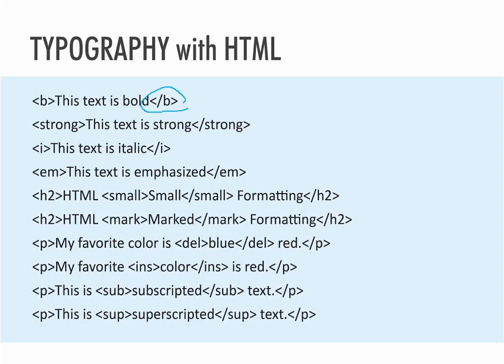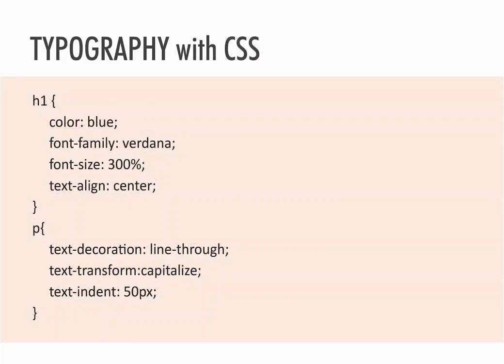The b tag makes the text bold, strong, italic, emphasized, small. You can mark it, you can delete, I mean cross the line, and it can be underlined, subscripted or superscripted. You can try it out.